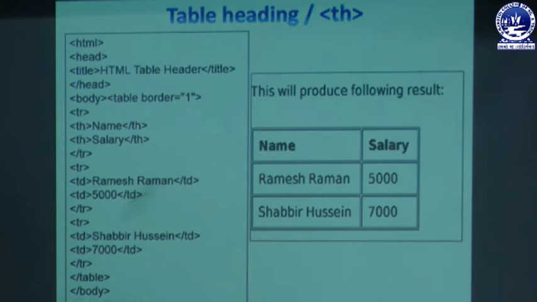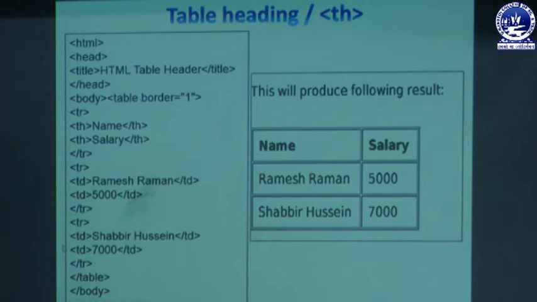So Ramesh Raman is the table data and another table data is 5000. You can see in each row Ramesh Raman is one column and 5000 is another column. So Ramesh Raman is the first column of the second row and 5000 is the second column of the second row.